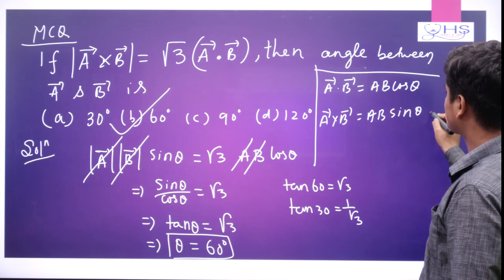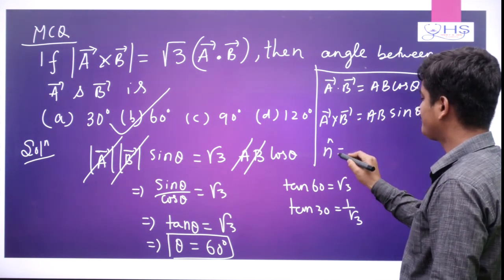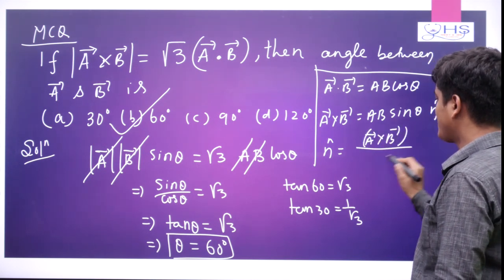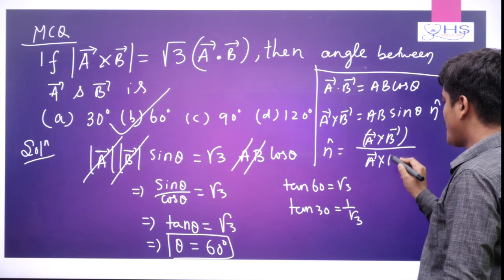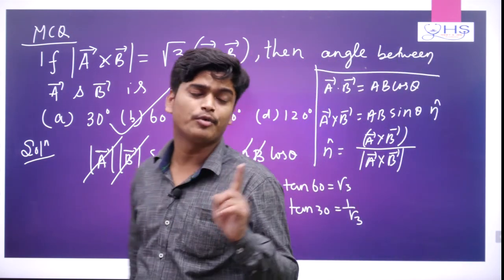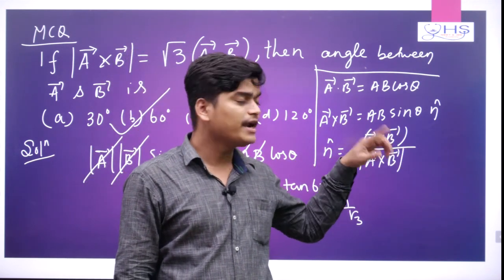And sometimes they can also ask to find what n cap is. That time you can find A cross B divided by A cross B vector mod. So this n cap is nothing but the unit vector perpendicular to A vector and B vector, and to the plane containing A vector and B vector.